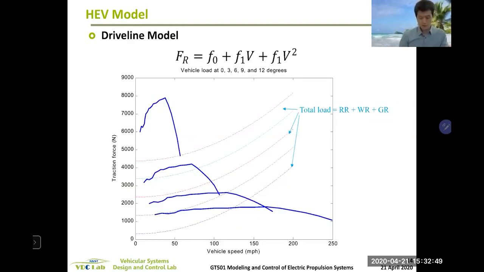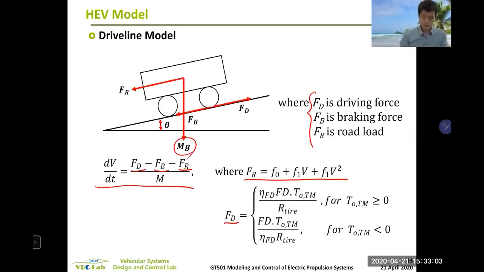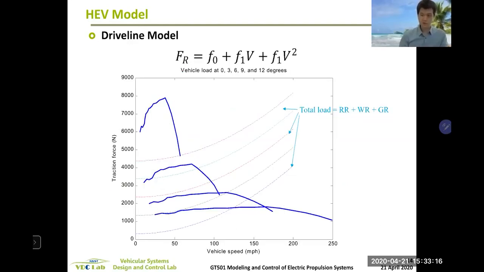If we look at road load resistance more closely, this is what it looks like. So there's aerodynamic drag. If there's a slope, then there will be gravity acting backwards, which is another resistance.